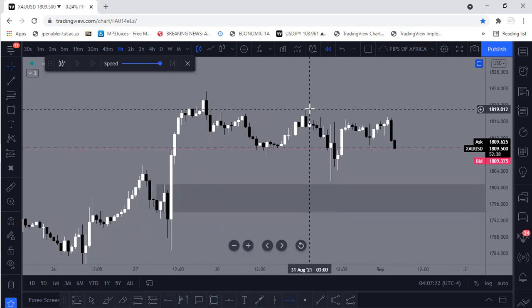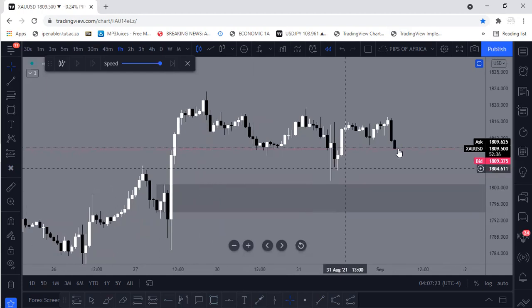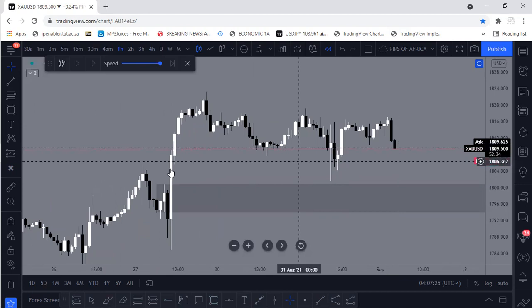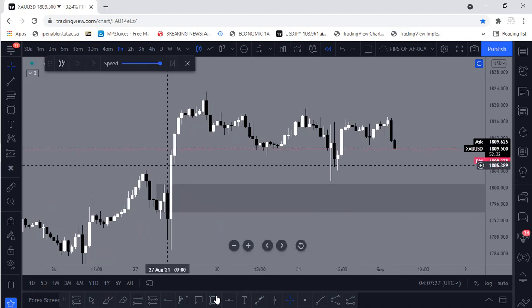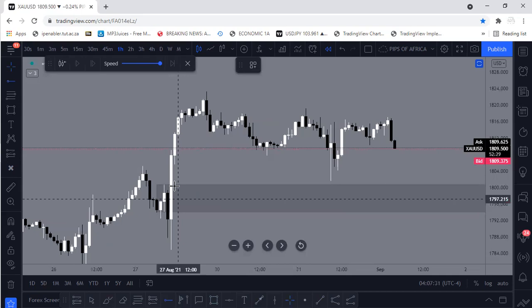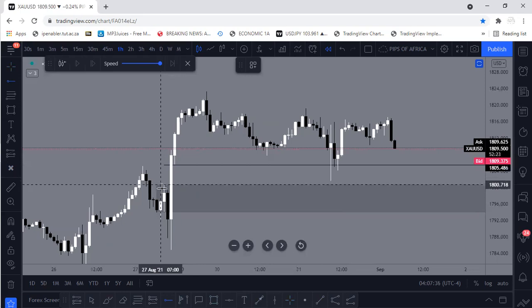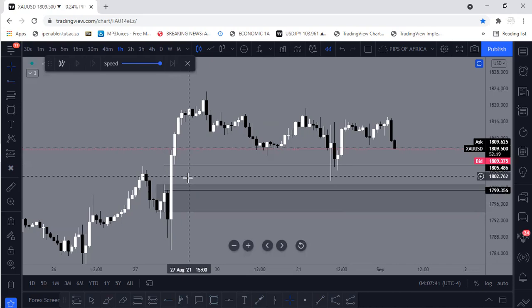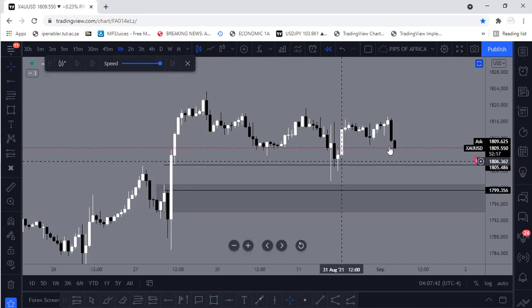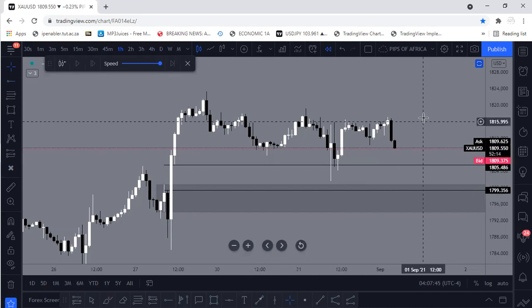Now the price is currently somewhere here. It was closing this gap here, which is here. It was closing this gap, we should see. The price can still come down here before it continues buying.